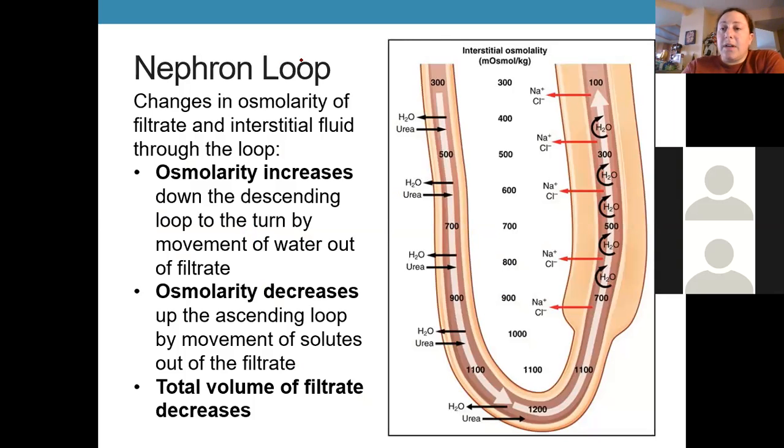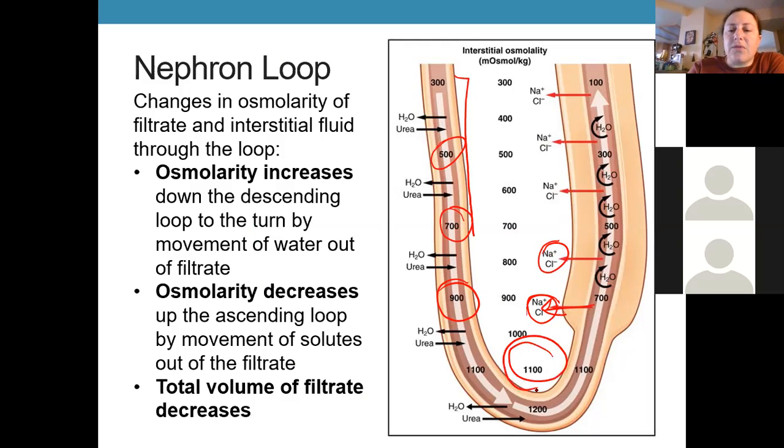All right, so this is where it gets a little bit confusing. As we move the water out of the descending limb, we see these numbers representing increasing solute concentration. But because we're pumping the solutes out on the ascending limb, the extracellular fluid also has a very high solute concentration.